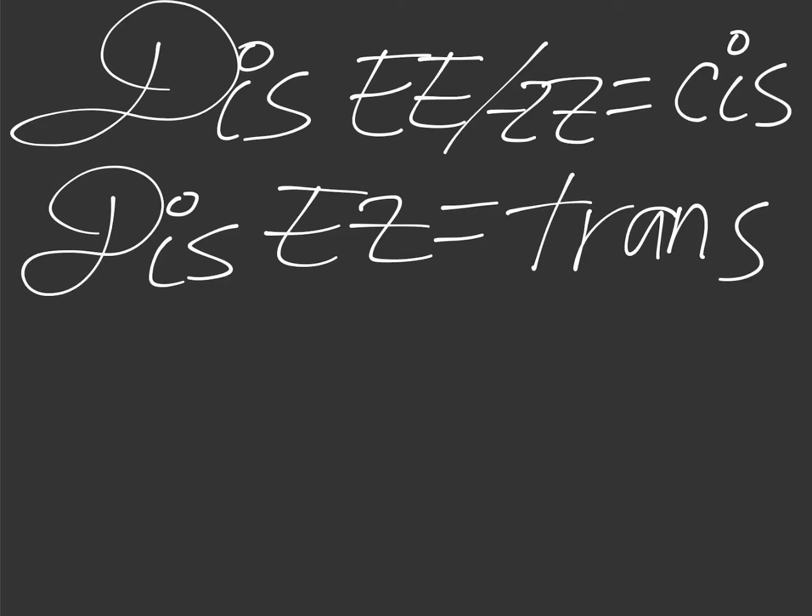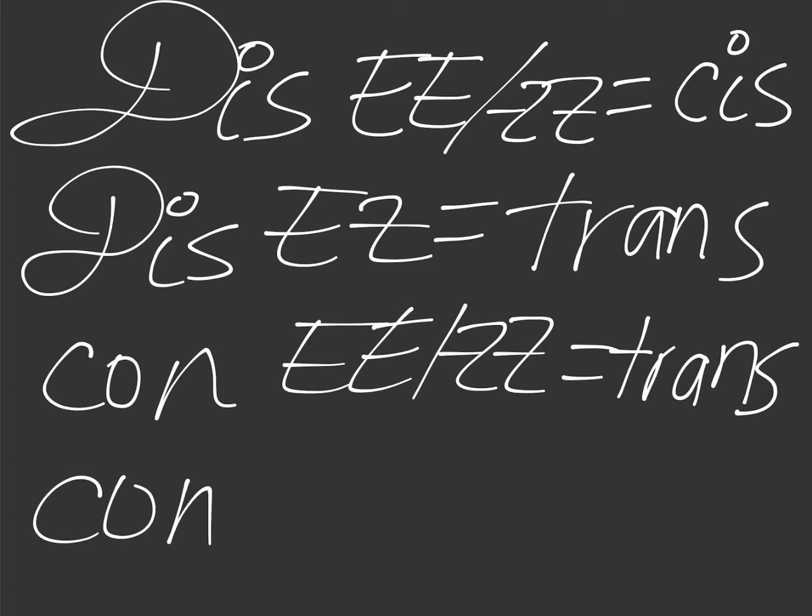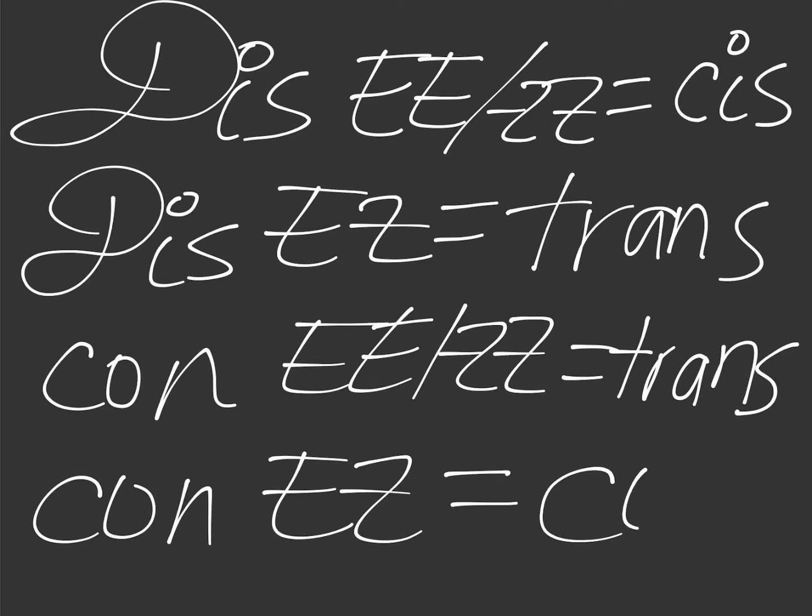If on the other hand, it moves conrotatory in an EE or ZZ molecule, when it closes, it will give you a trans.